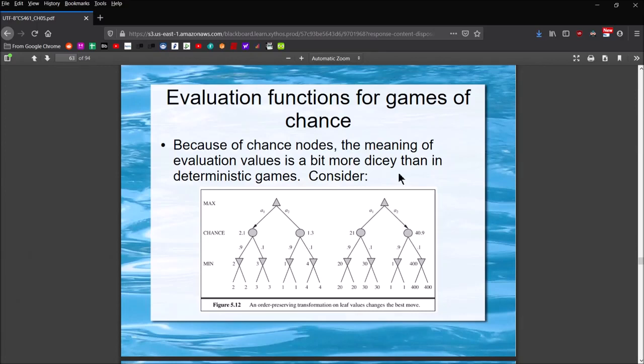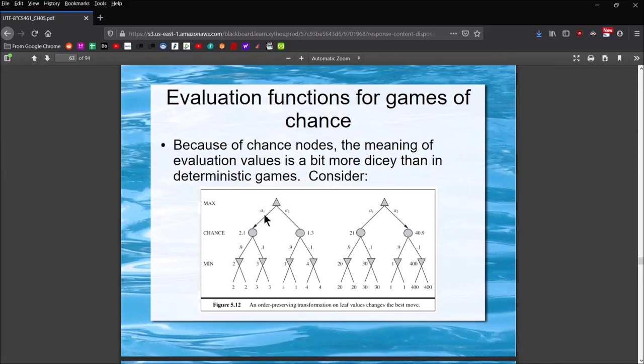I mean, hopefully you understood it, because again, just to summarize, the chance nodes are giving us an expected value, which is computed based off of the weights of the chances, 90%, 10%, of Min being able to hit either this state, the 2 state, or the 3 state. And similarly, there's an expected value of 1.3 based off of the 90% chance that Min is going to hit the 1 state here, or the 10% chance of hitting the 4 state here.